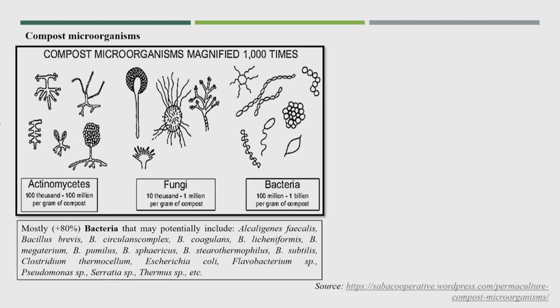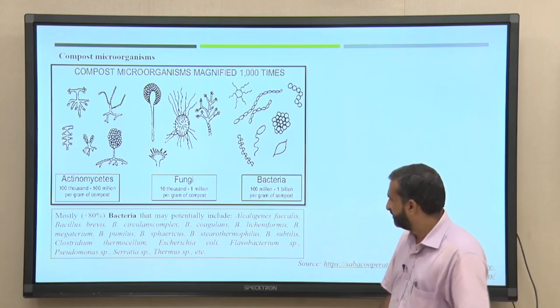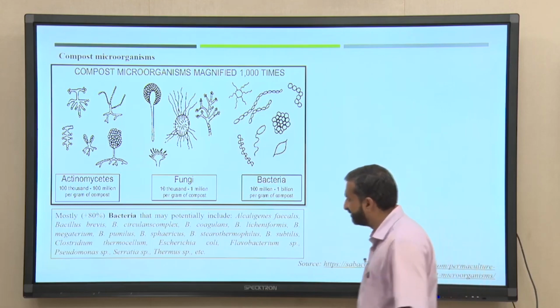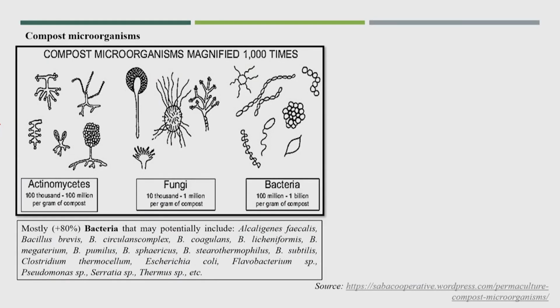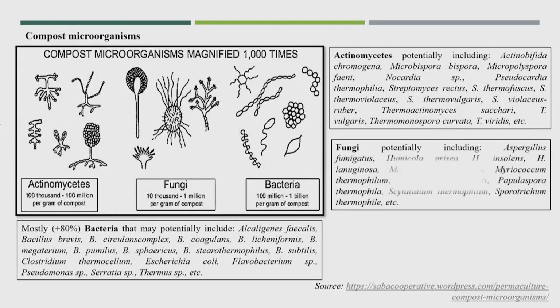These are a few names of bacteria; 80% of the degradation task is done by bacteria, mostly Bacillus kinds of bacteria. These are a few actinomycetes, and these are a few fungi working in the composting process.